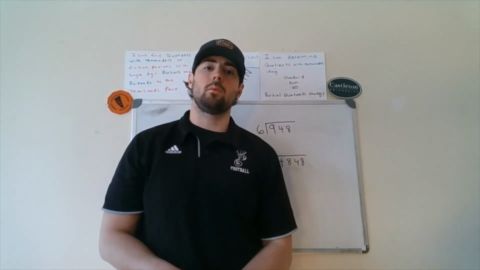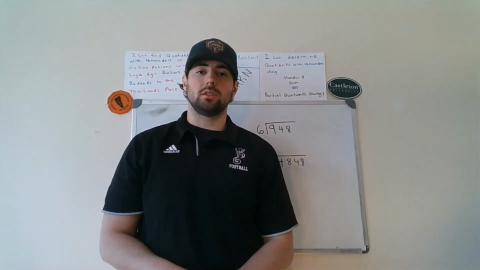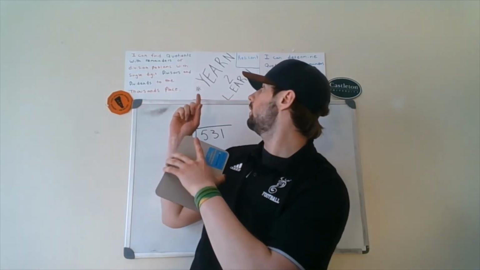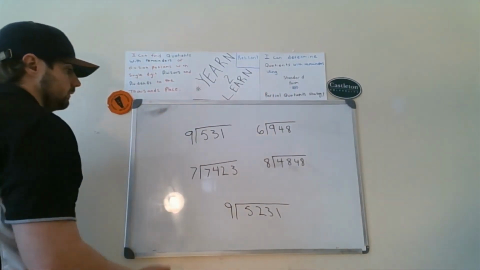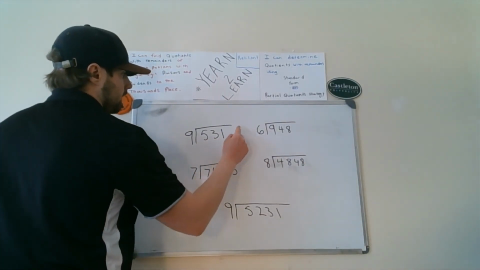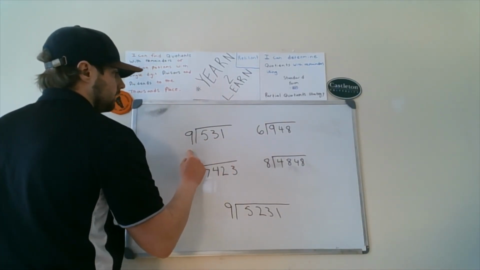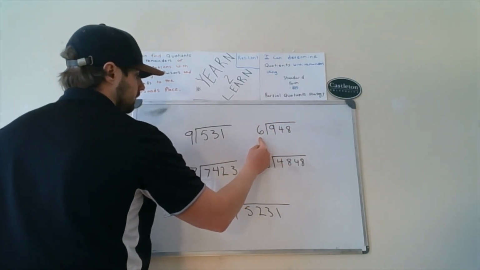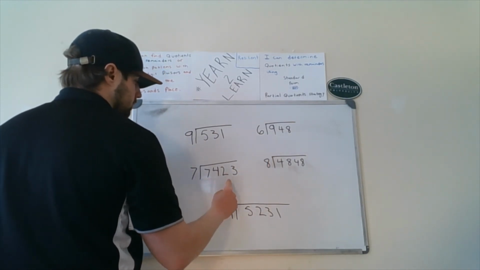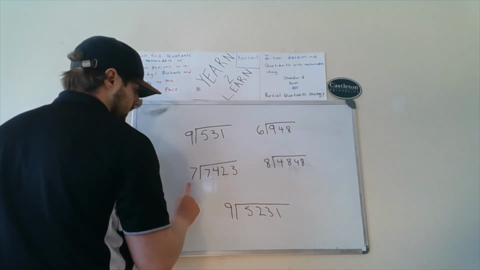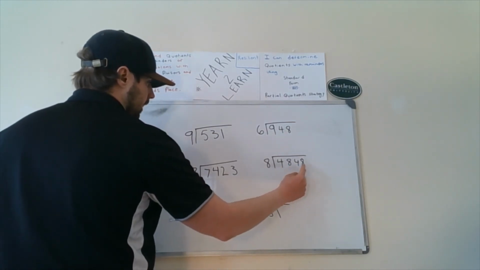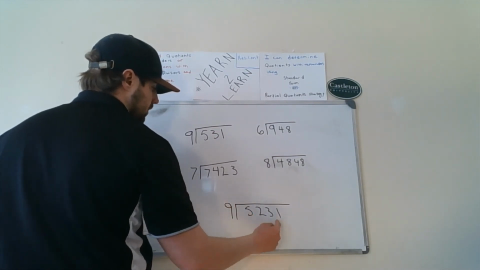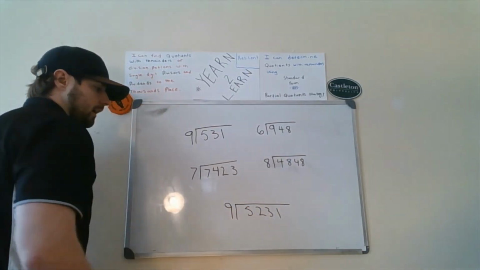This is where you can work on all the skills independently, working on those learning targets. Your you do's: 531 divided by 9. 948 divided by 6. 7,423 divided by 7. 4,848 divided by 8. 5,231 divided by 9.